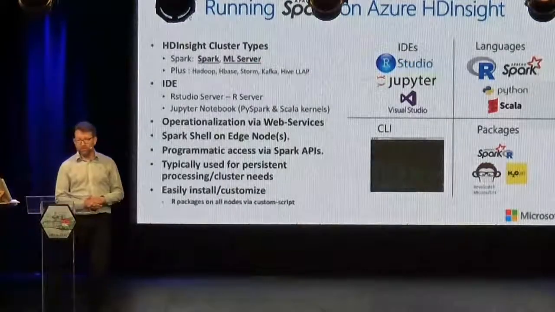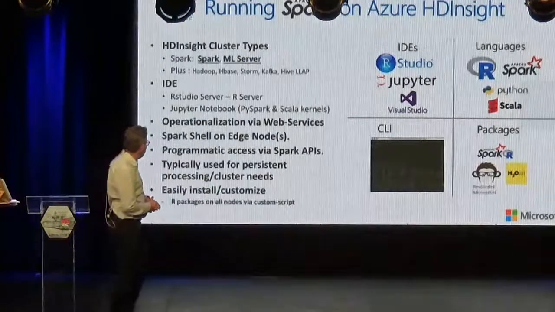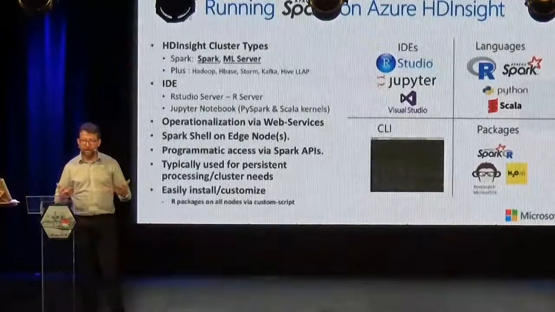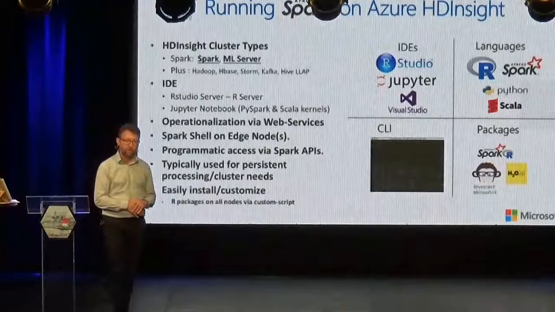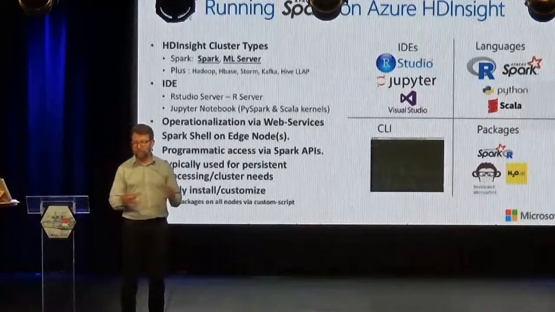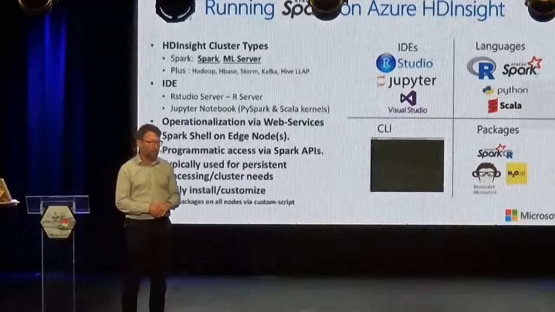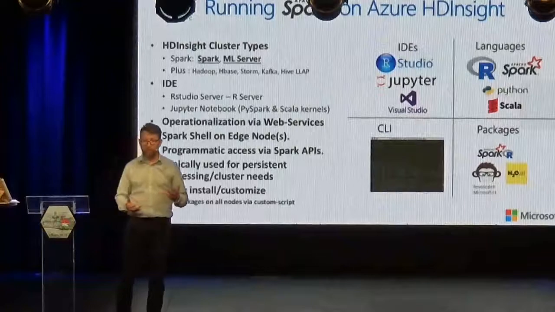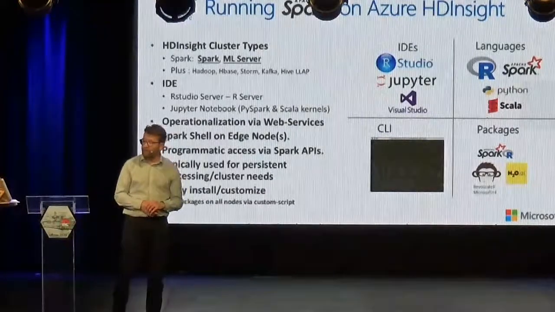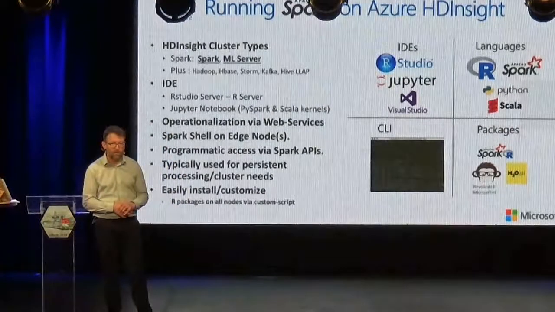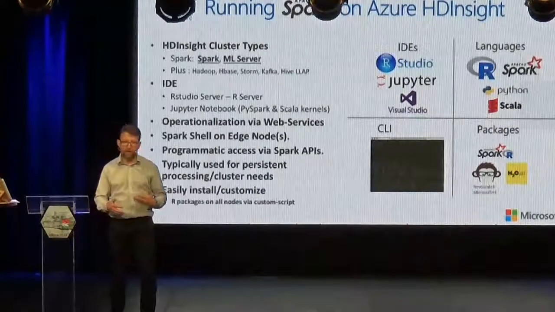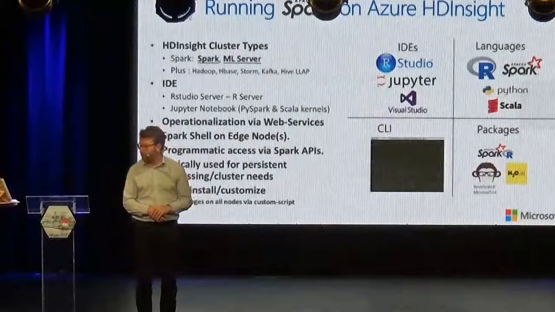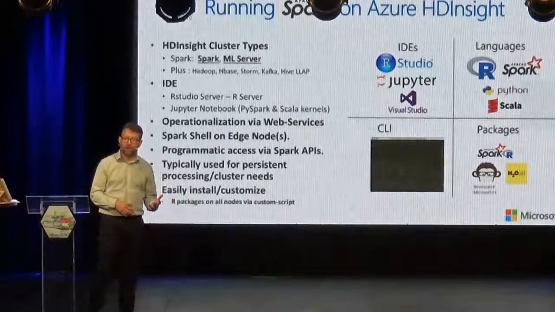So there are a couple of other options I just want to cover briefly. If you are using a number of different open source big data processing technologies from the Hadoop ecosystem, so maybe things like Kafka or Storm for stream-based processing, Hive if you're doing query processing, then HD Insight enables you to run all of those services on a cluster, a shared environment, as well as Spark.